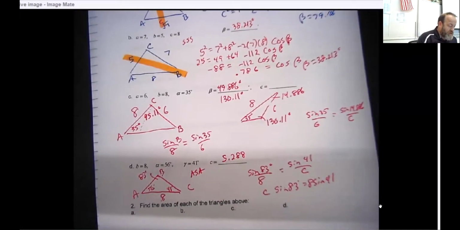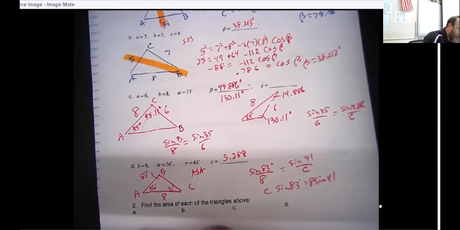Now, the rest of the story comes in number 2, and that's as far as this video is going to go. It's just like, what's the area of these particular things? So what we're going to do is use those formulas that we had a moment ago, and let's find the area of each triangle.